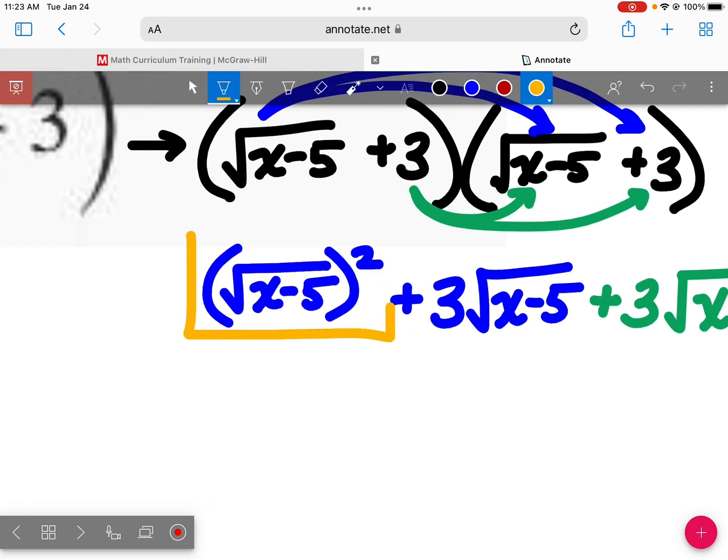What will happen to my first term? Use the distributive property. If there's a plus or a minus in between two terms, we have to use the distributive property. We have to double distribute. So if there's a plus or a minus that's not part of the radicand.